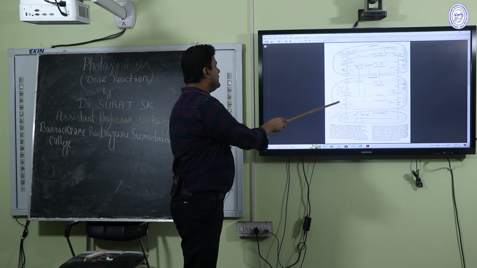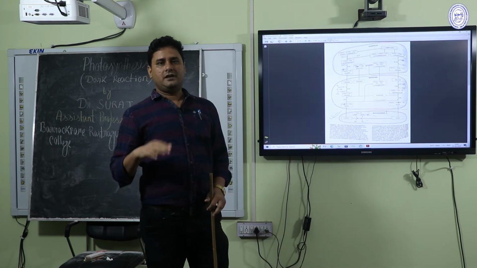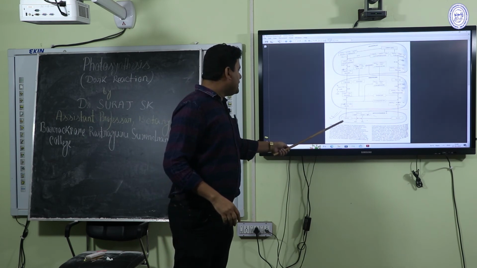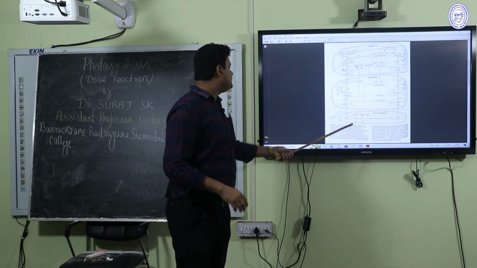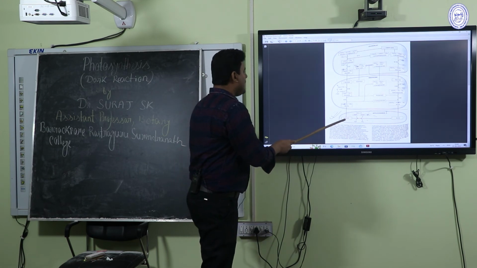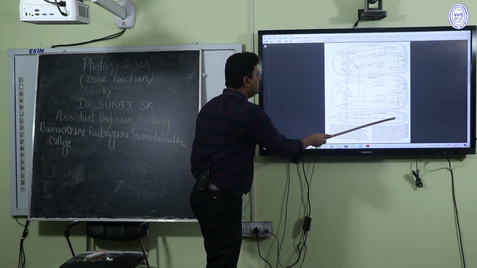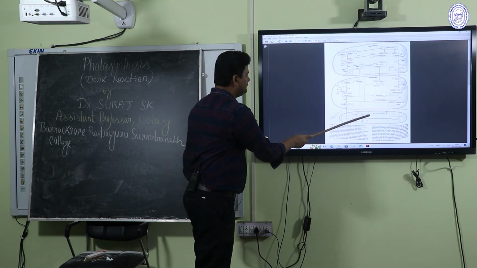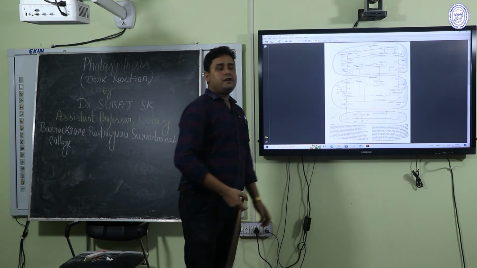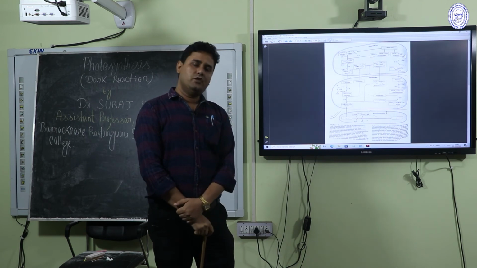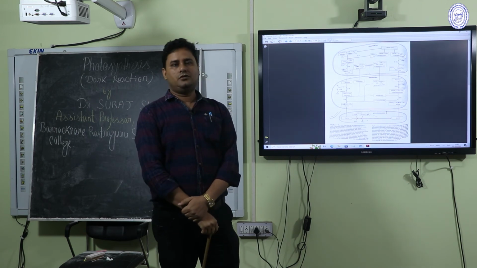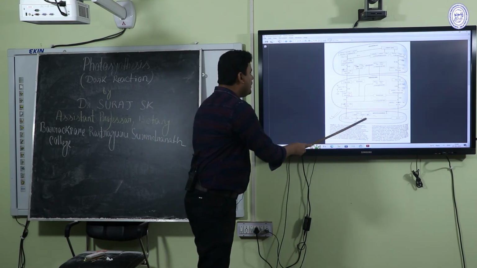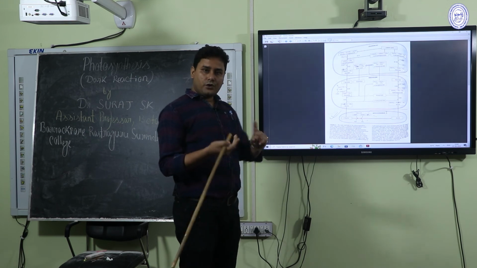Next, this glycine will be transported into the mitochondria, and in mitochondria, glycine will be converted into serine. And look here, one molecule of ammonia will also be produced.